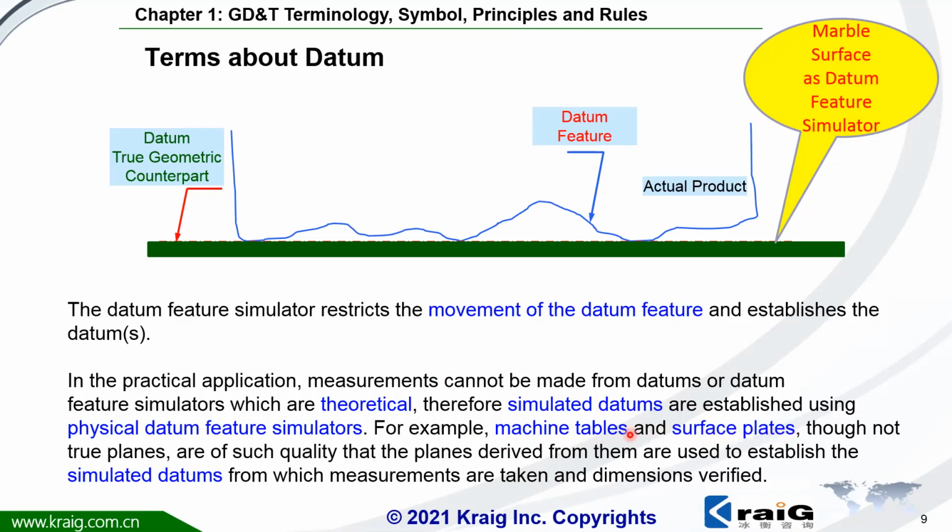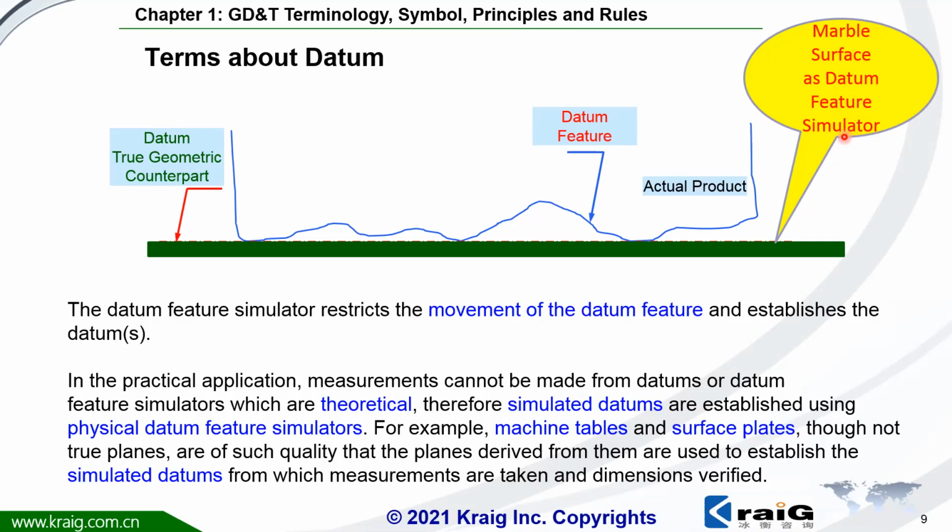We can use those kinds of planes or simulated surfaces as a datum. They are not perfect, but they all have such a quality that is good enough for us to measure the geometric tolerance. This simulated surface, we call the datum feature simulator. And sometimes we call this simulated datum, or just datum simulator.